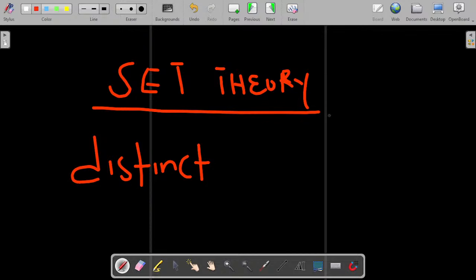These are elements in a set, normally listed only once, without repetition. That is what we mean by distinct.